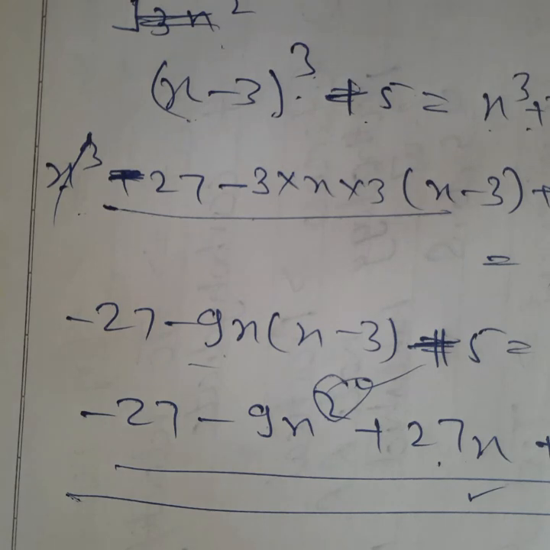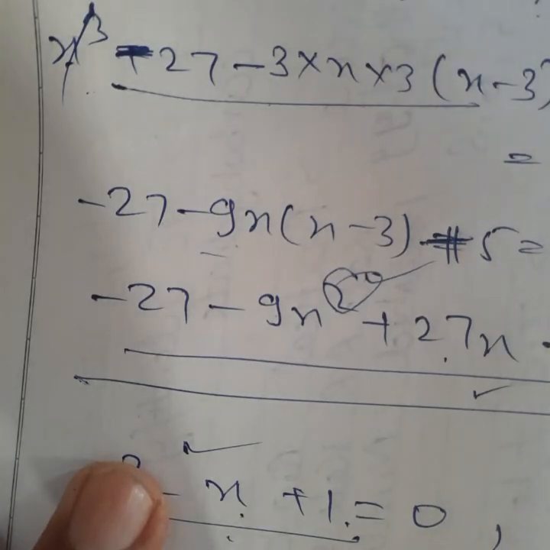Now moving to exercise 5.1. In the first question, you have to determine whether the given equations are quadratic equations or not. For an equation to be a quadratic equation, the maximum power of x present in the equation should be 2.